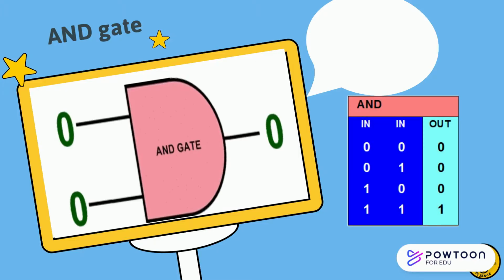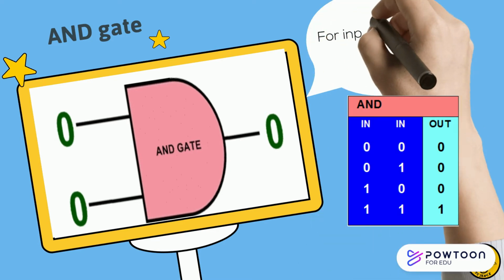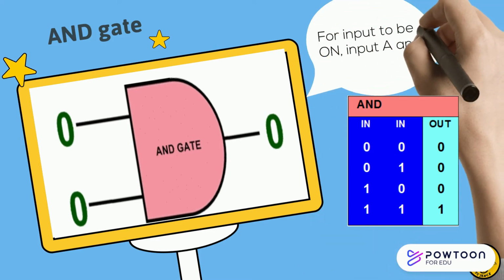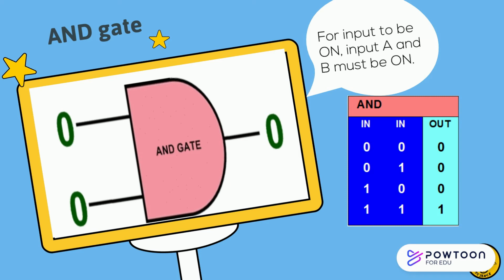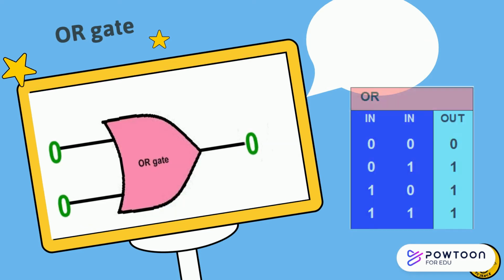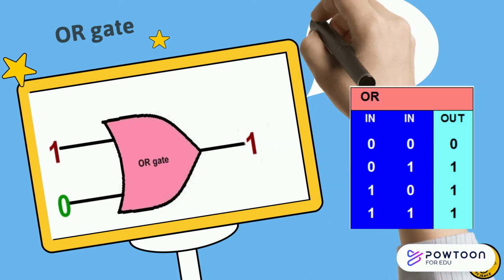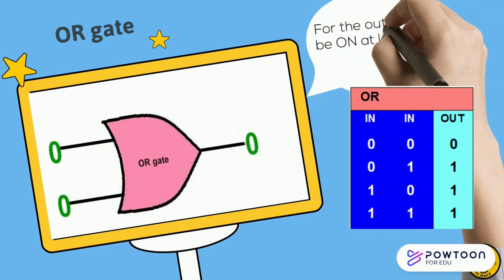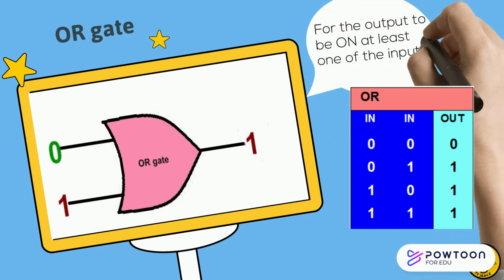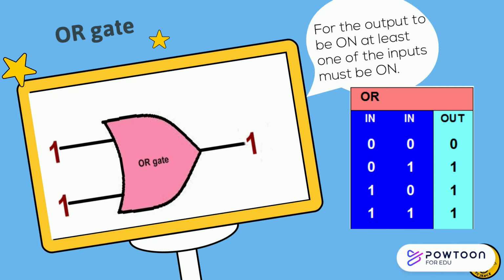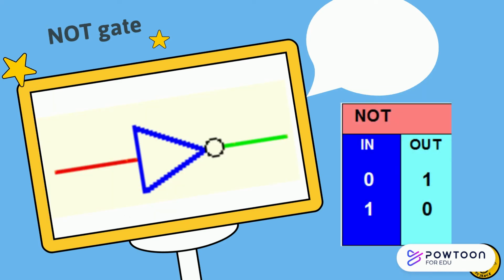AND gate. For the output to be on, inputs A and B must both be on. OR gate. For the output to be on, at least one of the inputs must be on. NOT gate.